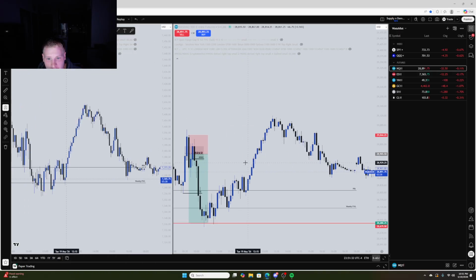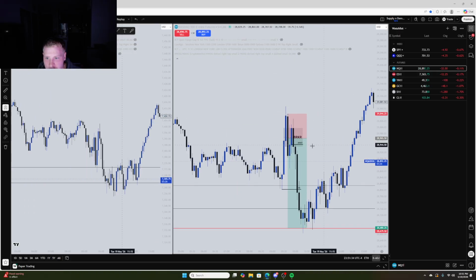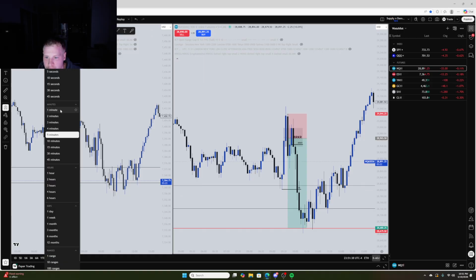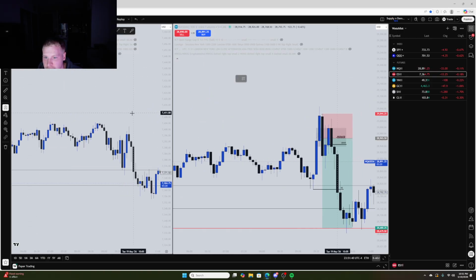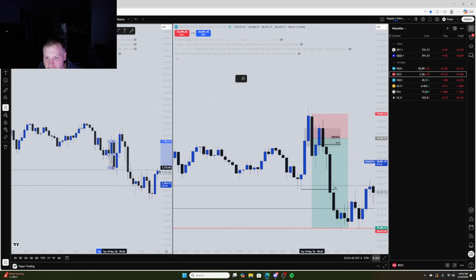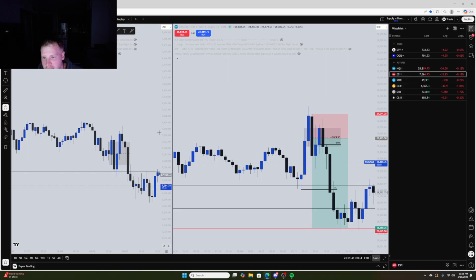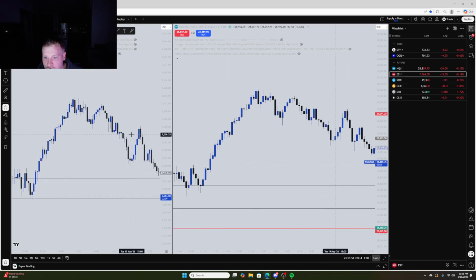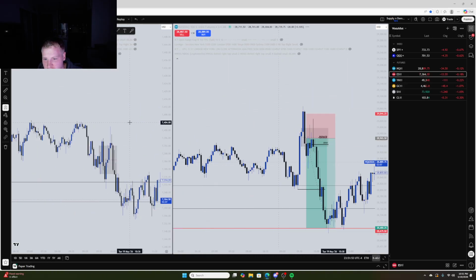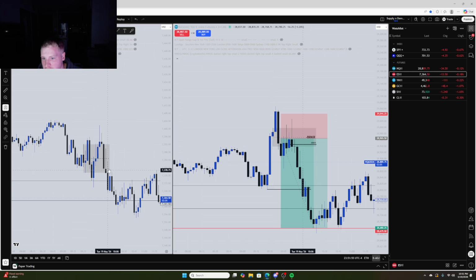At that point, I pretty much just look for some sort of breaker. The higher the better. You can see on ES we end up forming this 5-minute breaker. Close below. This is when I entered on ES because we have the liquidity sweep and we have the SMT. From there, that's pretty much all I need.